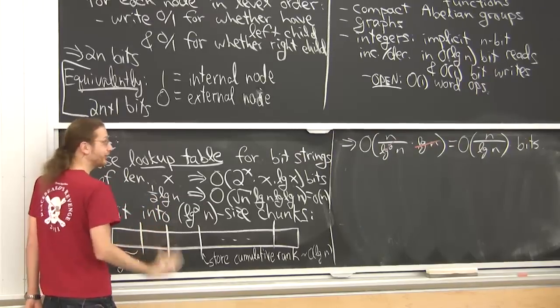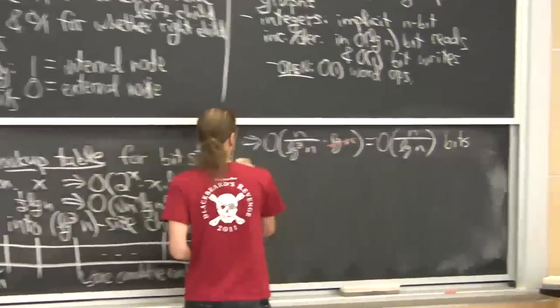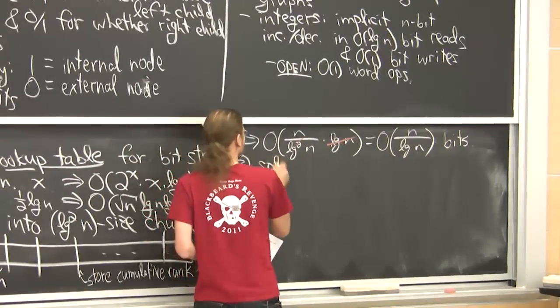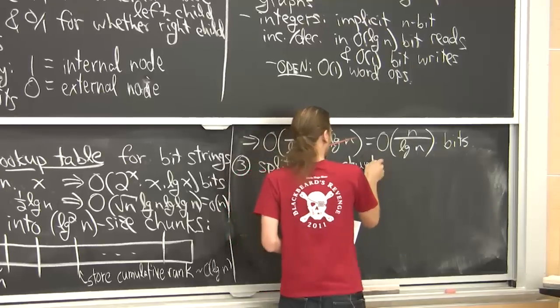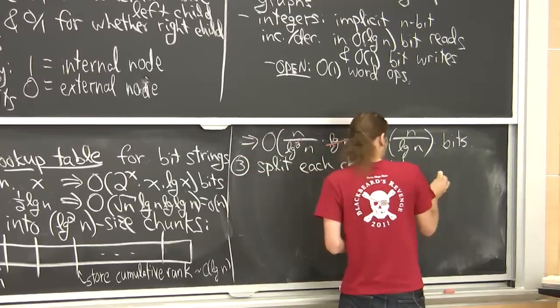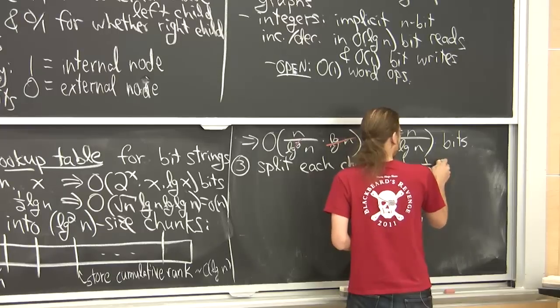So we're going to use indirection a second time. This time we can go all the way to half log n.